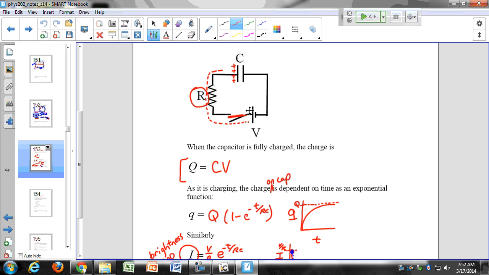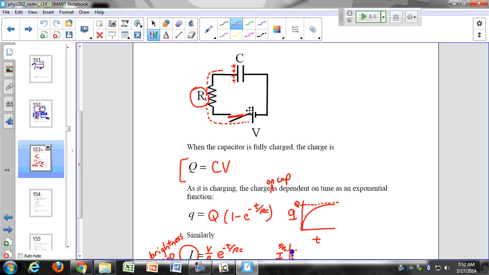We'll see that in a second. And then once this capacitor is fully charged, all the current stops. So we can characterize the charge in this way, that as I'm charging the capacitor, it gradually approaches this Q value, this maximum Q. That maximum Q is equal to the capacitance times the voltage, as we saw in the previous chapter. And then this is the exponential function.